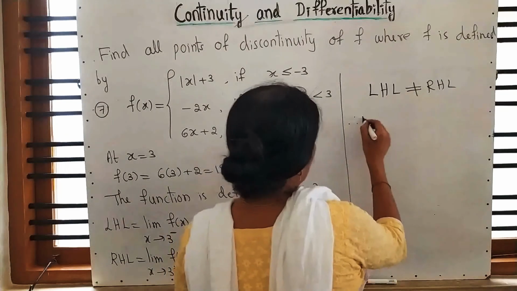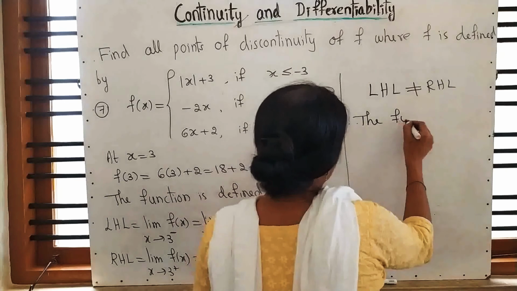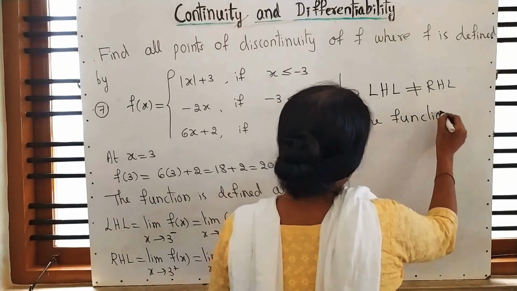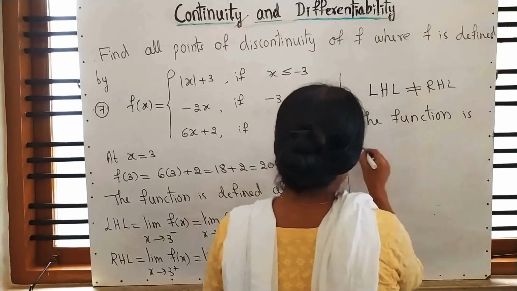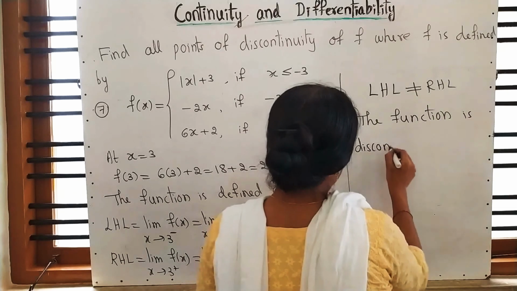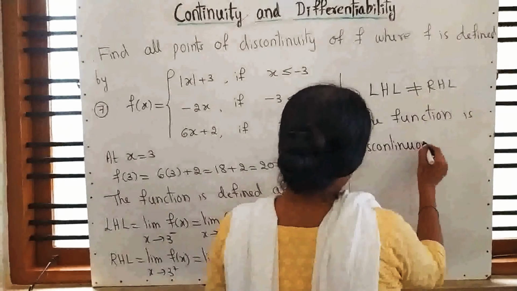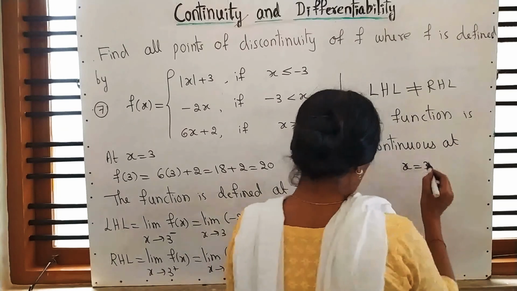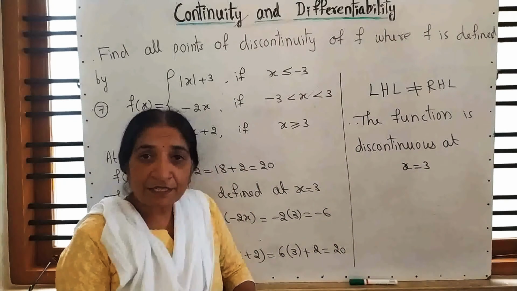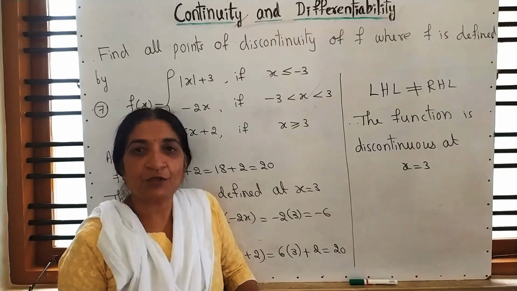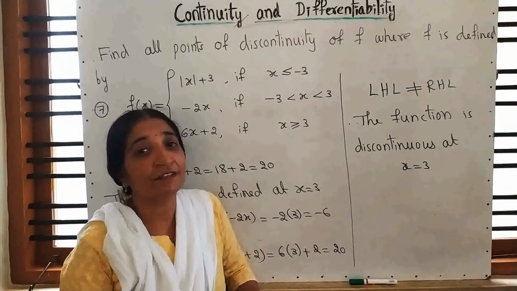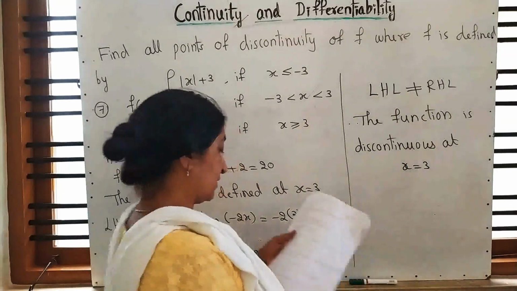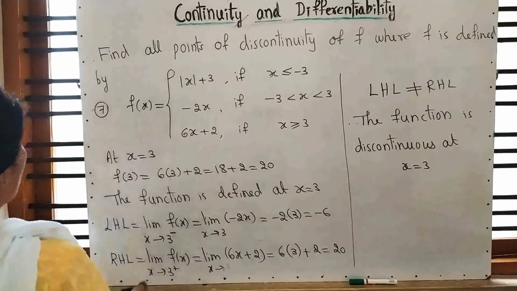Therefore, the function is discontinuous at x is equal to 3. Yes, students, is it interesting or what? Yes, interesting. I know that if you get the solutions, the mathematics is interesting. Moving to the next question, question number 8.